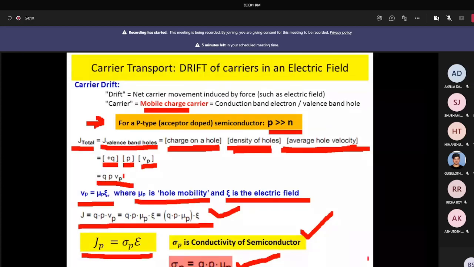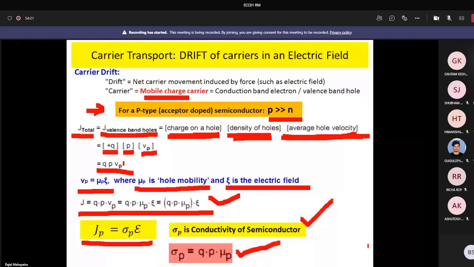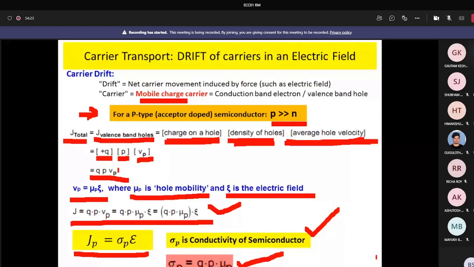Sir, what do we understand by mobility? Mobility means free movement, how easily the carriers are moving. That means electrons move faster than the holes. The mobility of electrons is higher and the mobility of holes is less.